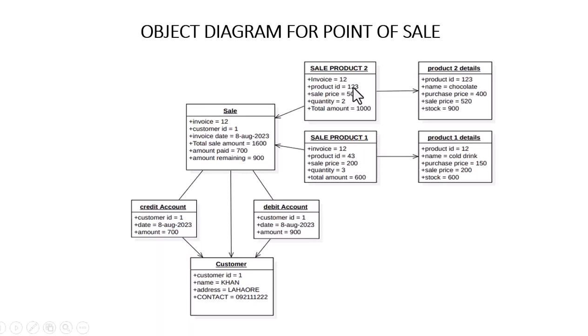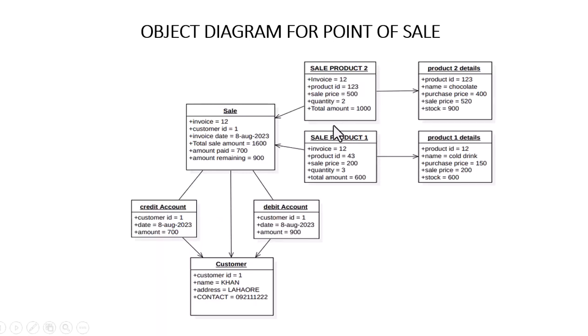So this product ID is unique, sale price is unique, quantity is unique, total amount calculated is unique. But remember that total amount can be the same, while the product characteristics are different. So the basic characteristics of products are these three.